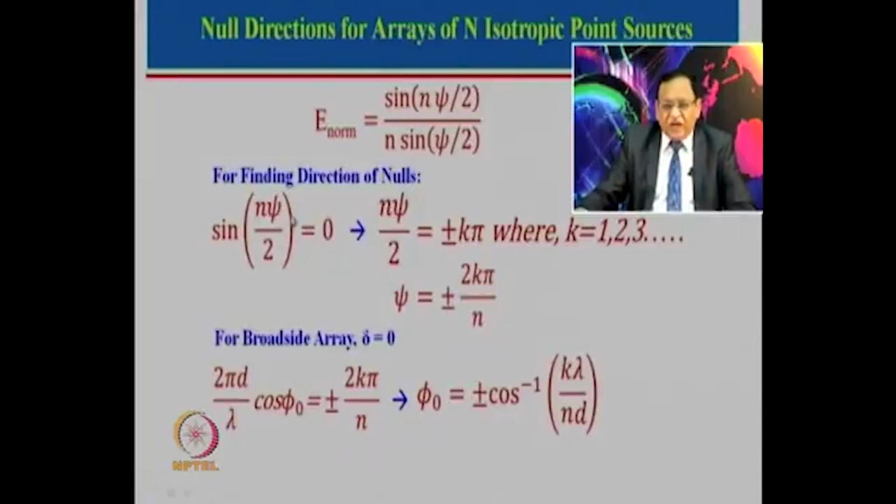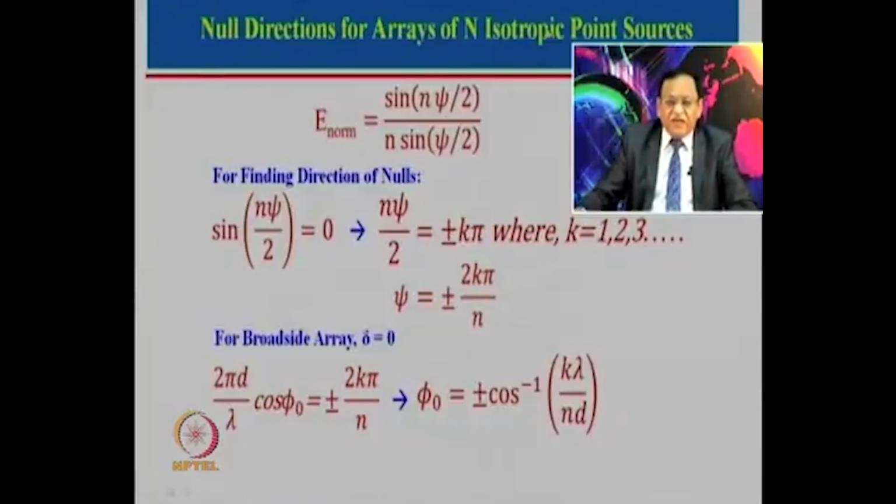So, this value should be equal to plus minus k pi, that is k times 180 degree. k will be 1, 2, 3; k cannot be 0 because that will give us a 0 value. So, from here we can find out psi: psi should be given by 2 k pi by n.